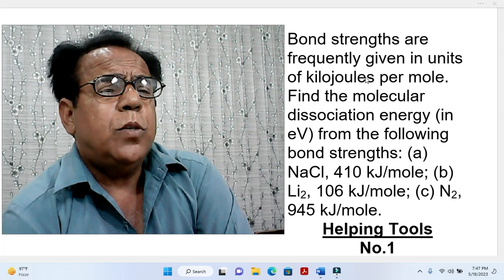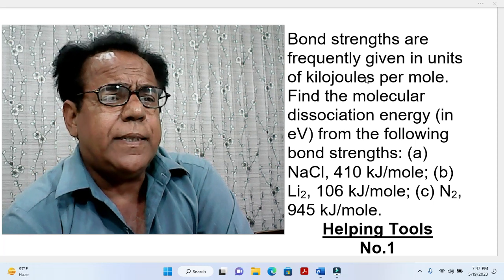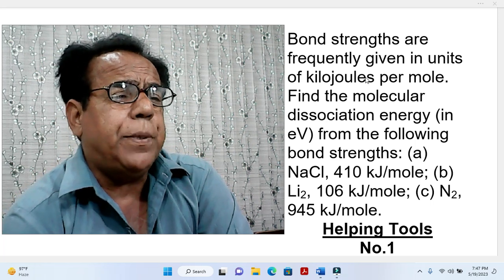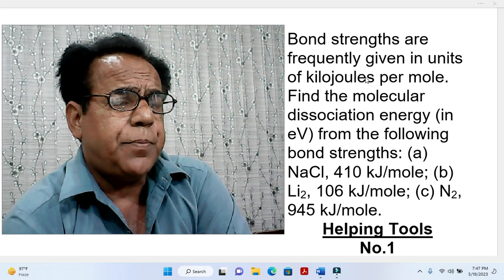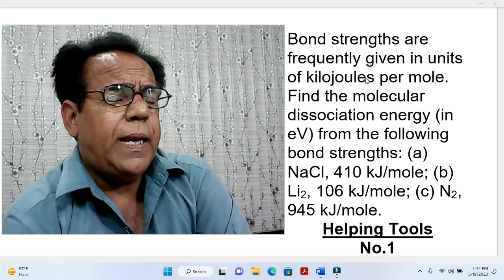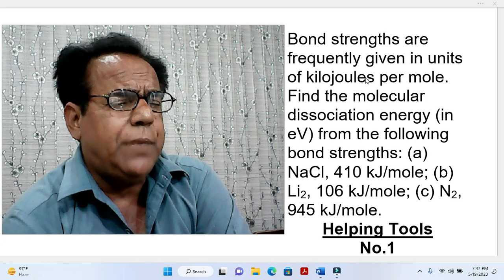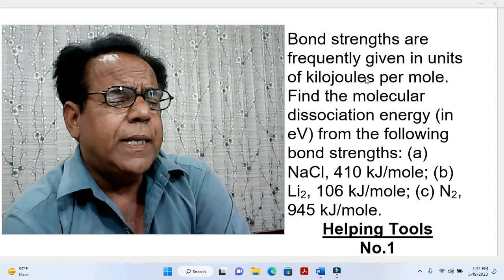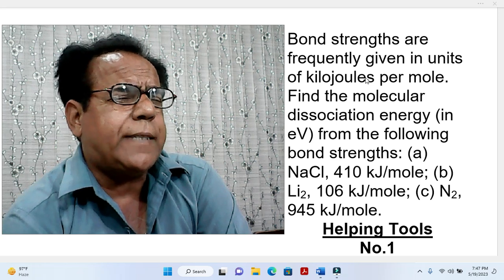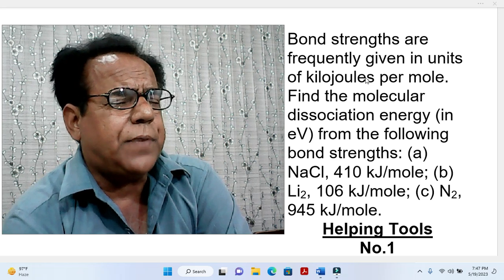So those conversion factors will be included in helping tools. And when we come towards the solution of this problem, we will find that there is nothing in the solution except application of conversion factors.